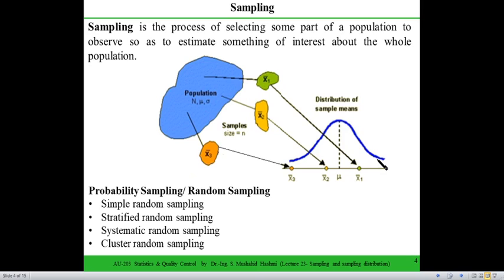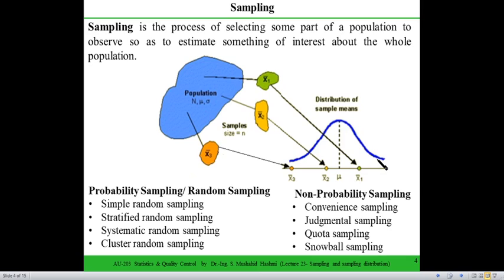Or sometimes some clusters are formed, and we just take samples from those clusters, but each cluster has an equal opportunity of being selected. So there is always objectivity involved in random sampling, because each member, whether a stratum, a cluster or a system, has an equal opportunity of being selected.